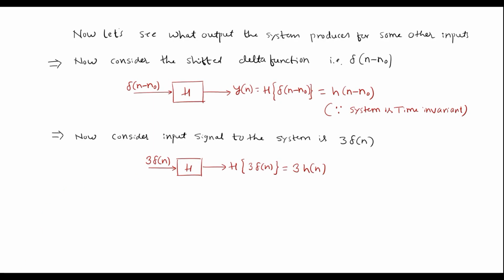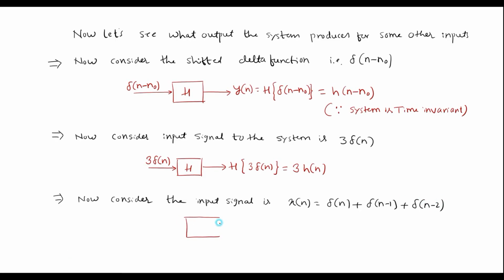Now consider the input signal, say x of n is equal to delta of n plus delta of n minus 1 plus delta of n minus 2.